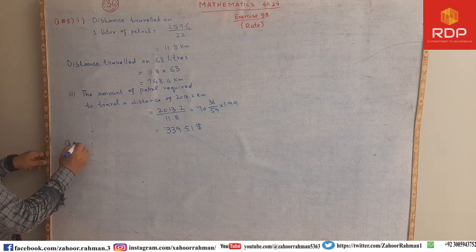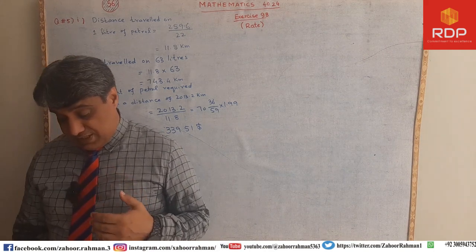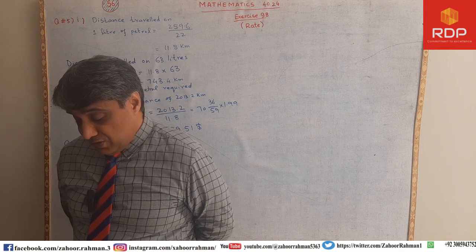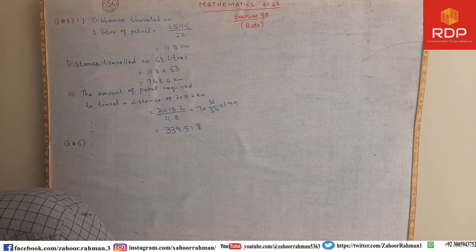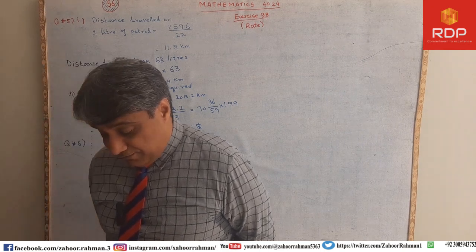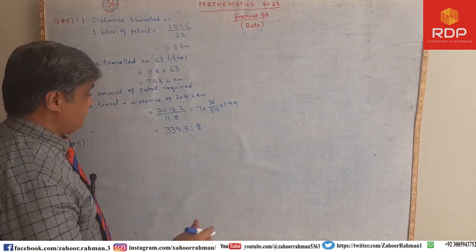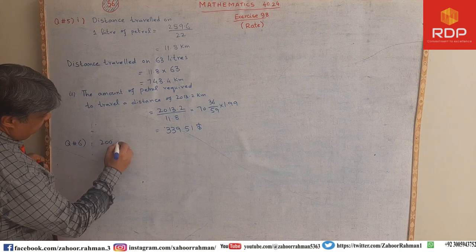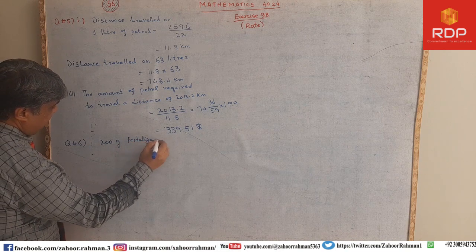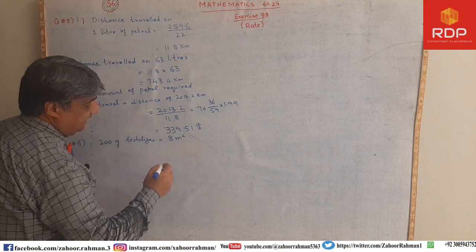Now we are coming to question number 6, and let us understand question number 6. 200 gram of fertilizer is required for a plot of land that has an area of 8 meters square.